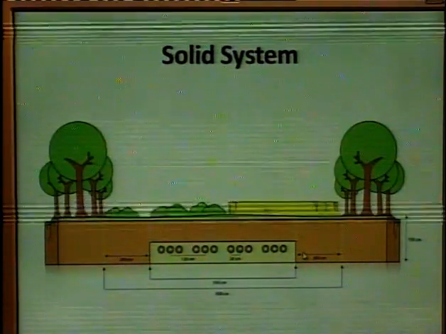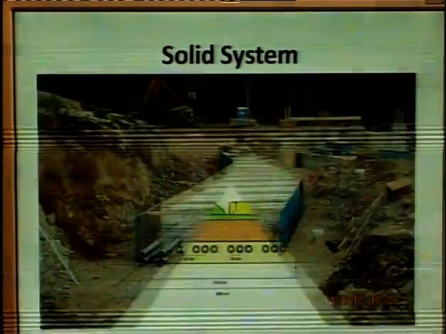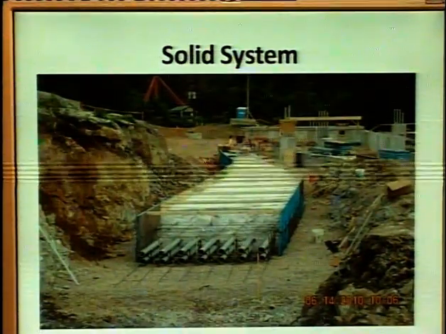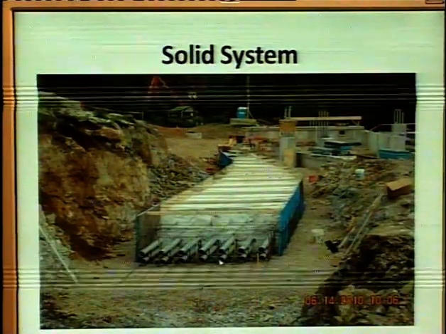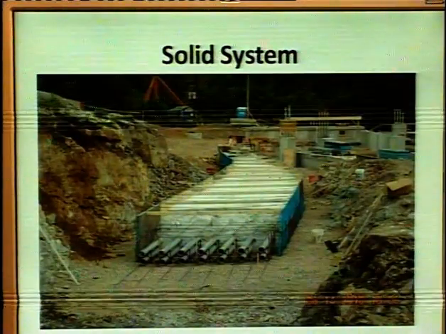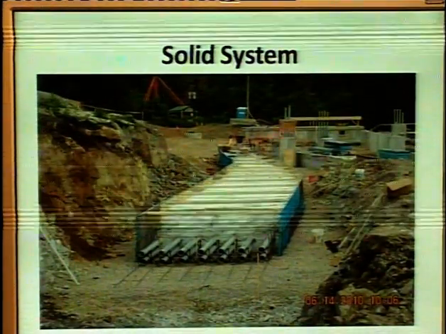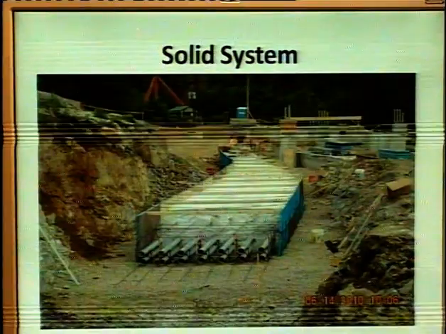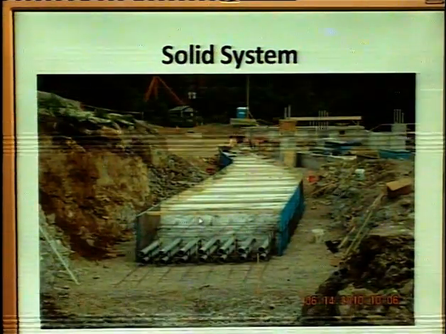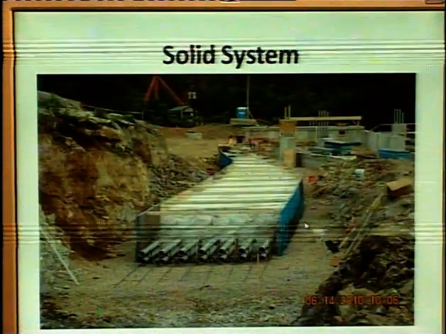We will see in the next diagram the original solid system. We have various pipes in which the cables are inserted. Then these pipes are filled with concrete or some other material. And this is the actual diagram of the solid system.